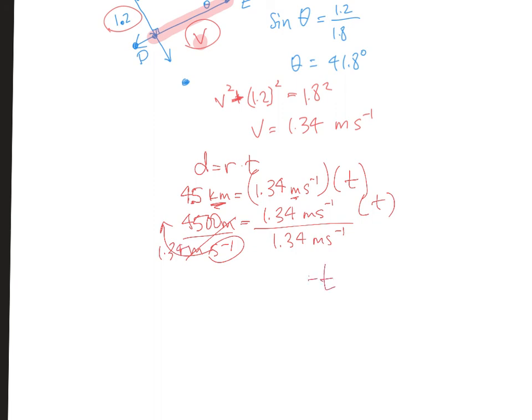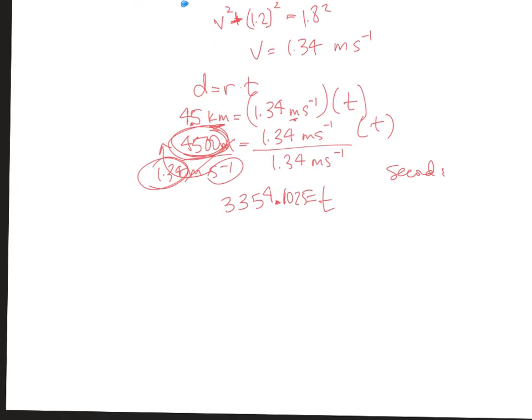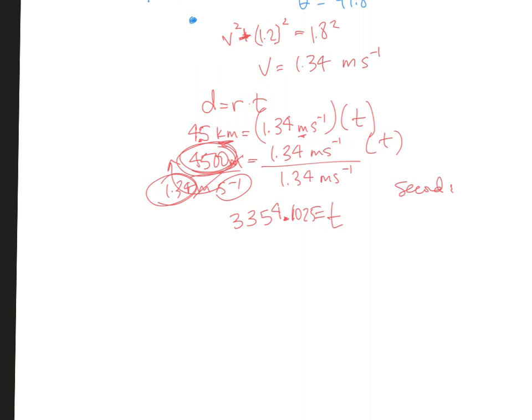So, breaking out your calculator, 4,500 divided by 1.34 is about 3354.1025 seconds. Okay, read the problem. The question does not ask for this in seconds. It asks for it in minutes. Okay, so you're going to have to divide by 60. The time that you end up with should be 55.9 minutes.